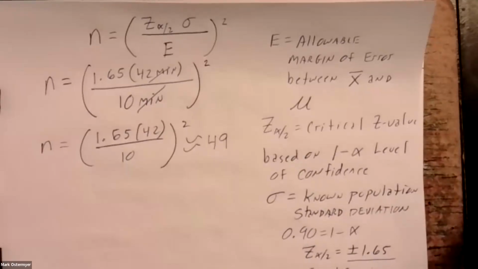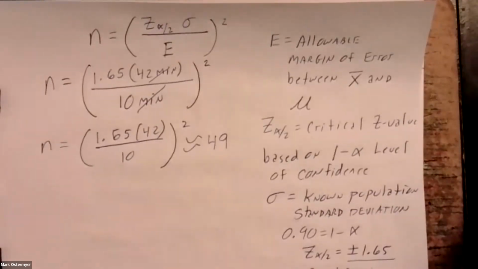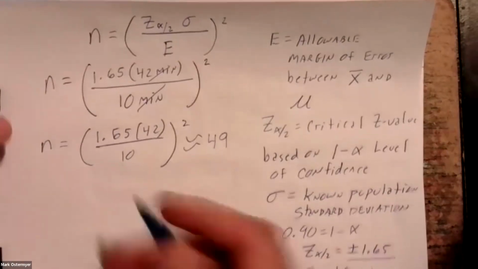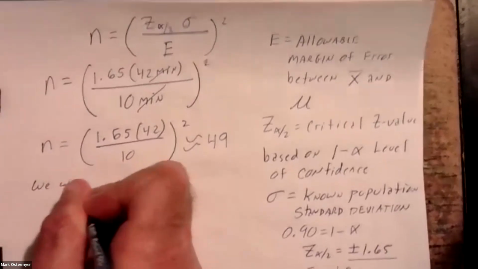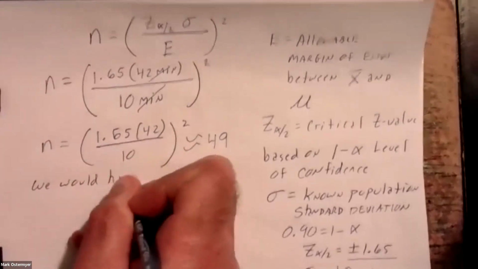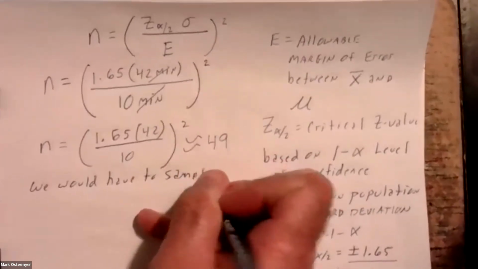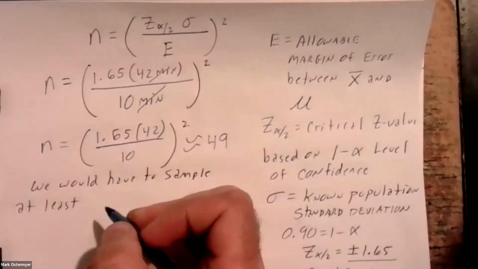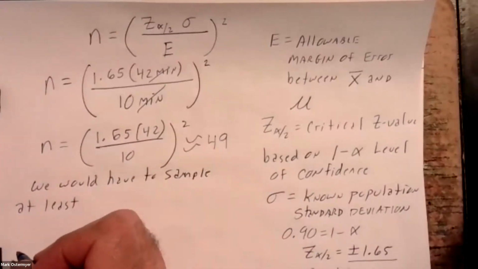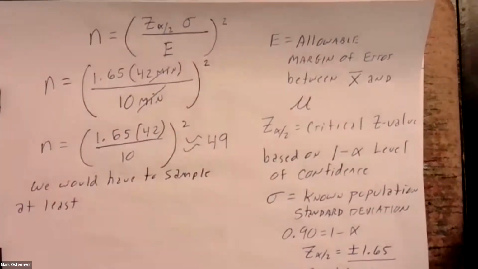All right. So we need to sample. In fact, this is so important, I am literally going to burn some class time to write this down. That's how important it is. We would have to sample at least, okay, at least, what does this problem even pertain to again?